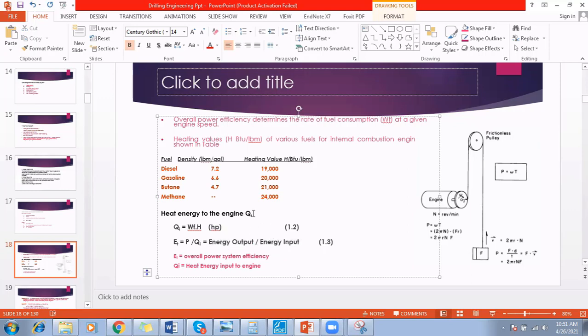When you calculate the whole energy output and the whole energy input, and take the ratio of these two parameters, you will eventually reach the overall power system efficiency, like the efficiency of this whole drilling rig.